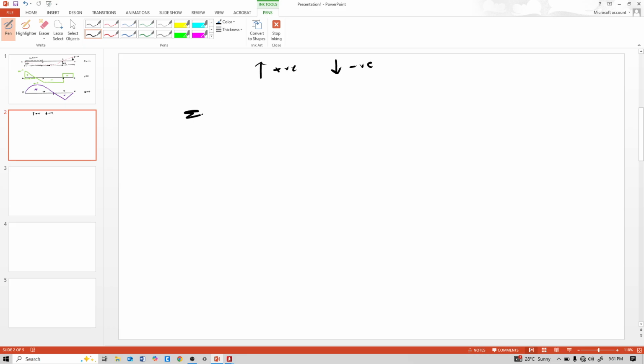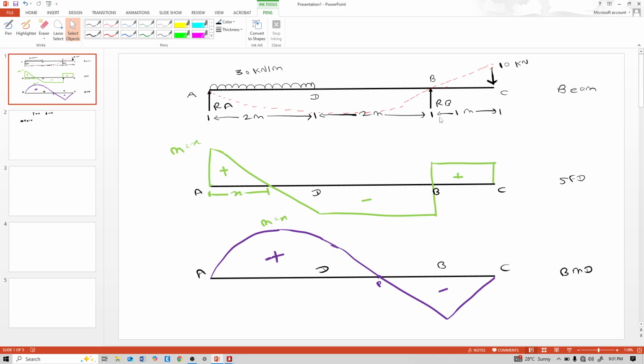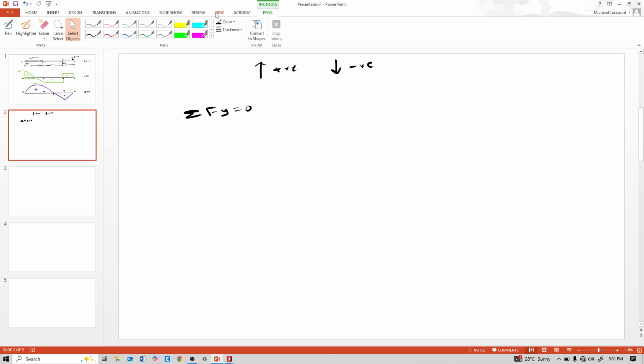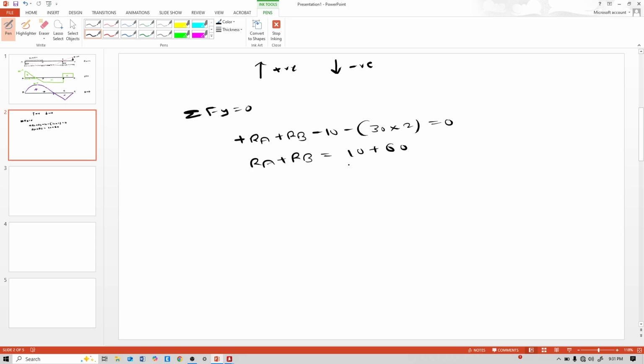So let's take equilibrium of forces in the positive y direction: positive RA, positive RB, minus 10, minus 30 into 2, equals 0, so RA plus RB is 70 kilonewton.